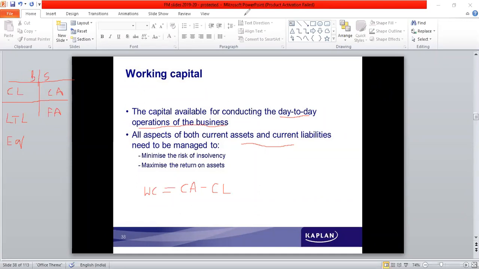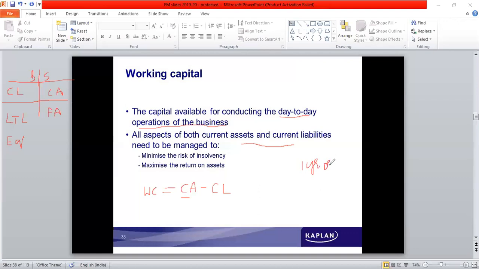Current assets are those assets which can be converted into cash in a period of 1 year or operating cycle, whichever is longer. So the meaning of current assets is those assets which can be converted into cash. So the convertibility is there, converted into cash in a period of 1 year or operating cycle. We will also look into the meaning of operating cycle.